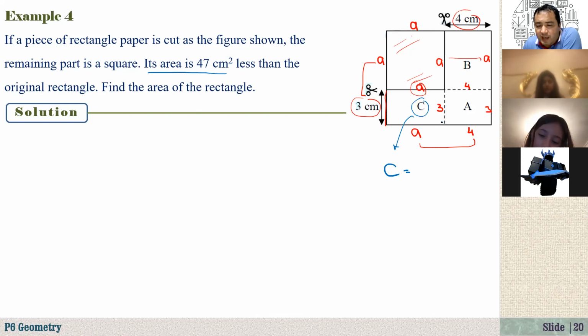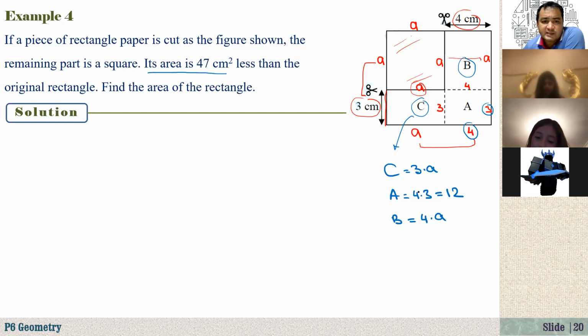Length is A, width is 3, so that's equal to 3 times A. And how about the area of A? Capital A is also a rectangle. It's width times length, 4 times 3, which is equal to 12 centimeters squared. And how about the area of B? The area of B is equal to 4 times A, right?